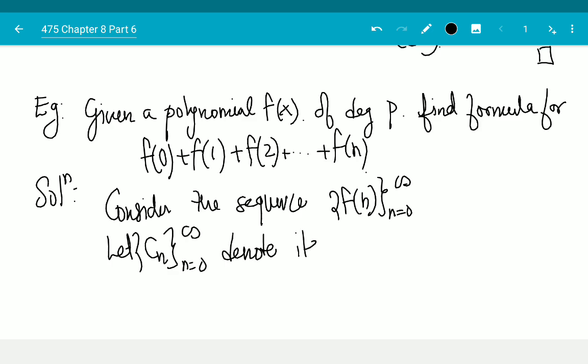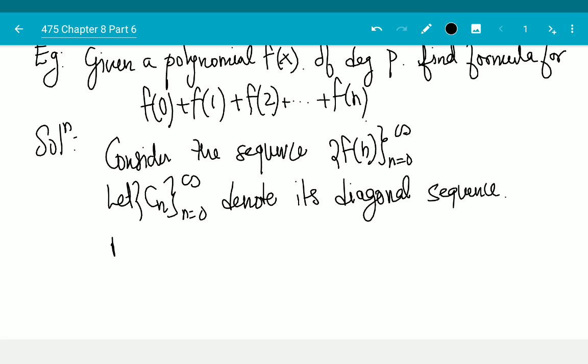Well, then Cn is equal to 0 for every n greater than p, right?